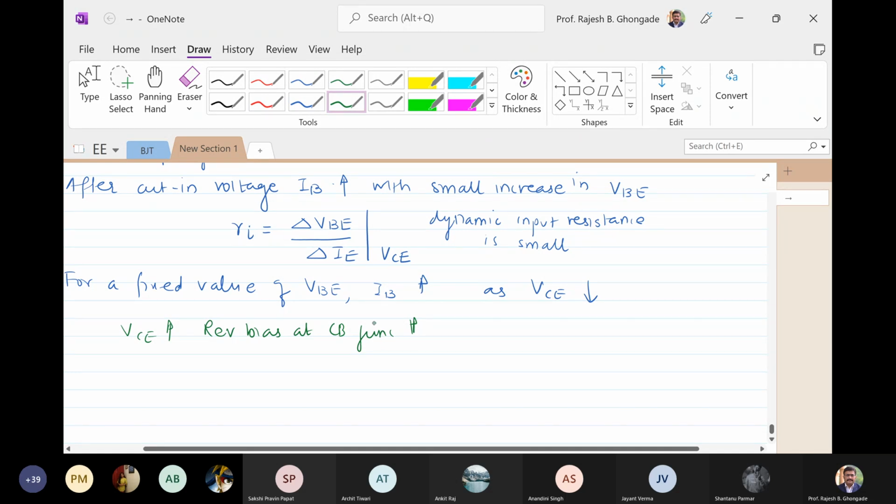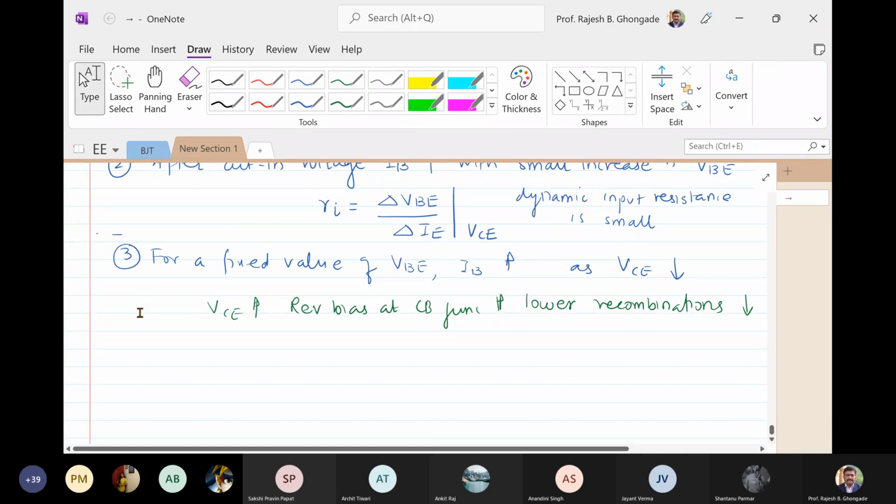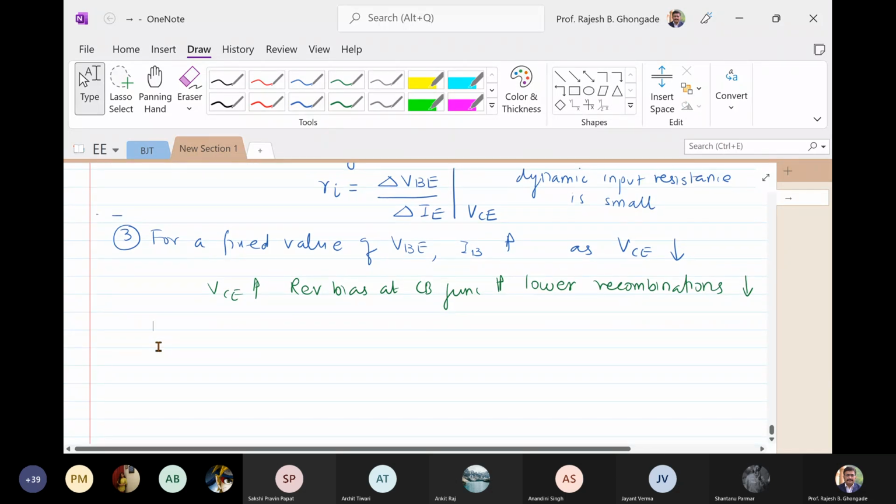Hence, there will be lower recombinations, and this actually reduces IB.